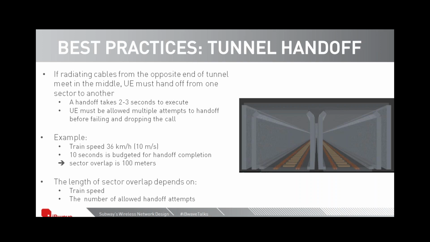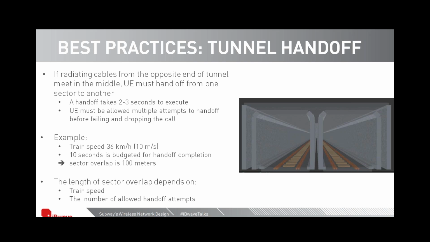And it happens while the train is moving. And we must allow repeated handoff attempts while the train is moving. A handoff takes 2 to 3 seconds to execute, and we should allow 3 handoff attempts before the system declares that the call is dropped or unsuccessful.